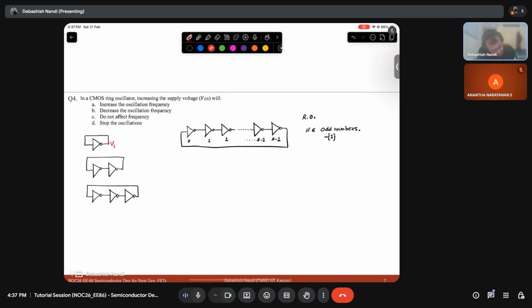This is V1, V2, V3. How will the output look? Remember that one inverter has a circuit diagram like this.